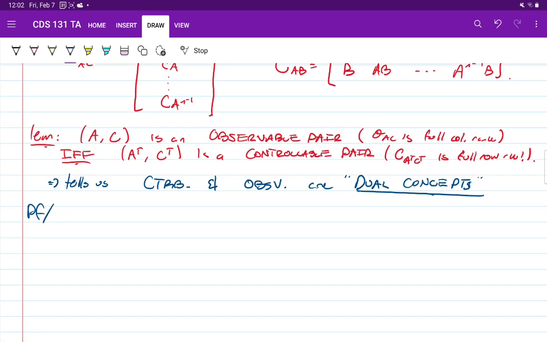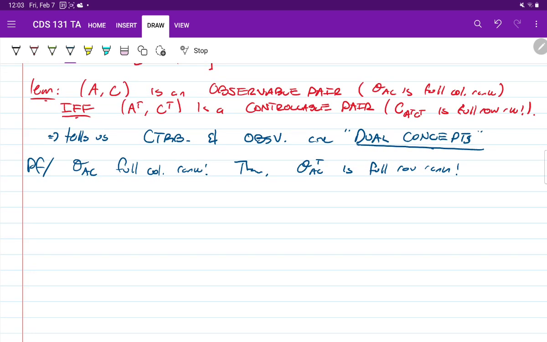So suppose O(A,C) is full column rank. Then I have that O(A,C) transpose is full row rank, right? Full column rank transpose gives me full row rank. All right. Now let's compute the transpose of the observability matrix. I have C, all the way until CA to the n minus 1, transpose.